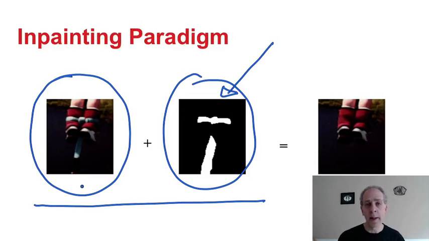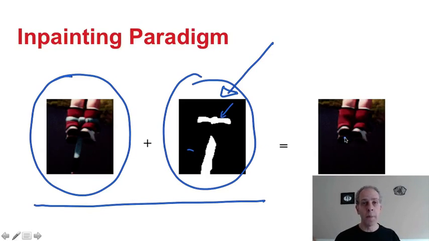Now, how we detect this, we talk a lot about segmentation. So we can segment out objects, and those are the regions of missing information, we're going to call them, or regions to be inpainted. With these two images, we want to make, in this case, the cable disappear. We want to inpaint in these regions.